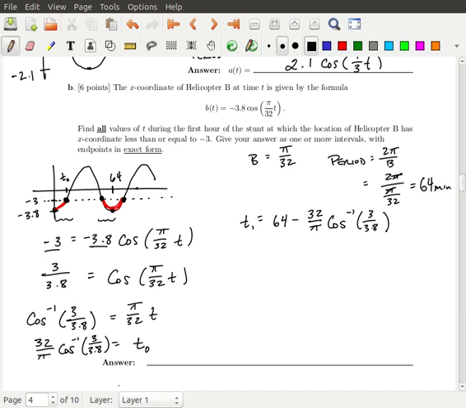Now at this point we could just guess and come up with an answer, an interval based off of these numbers, but we really should check what this value is as a decimal to make sure that this number is below 60. So I'll do that. And it will just take me a second here and I'll report the answer.